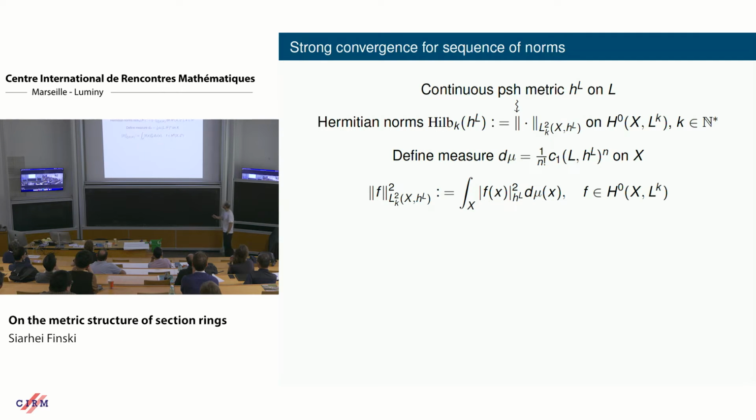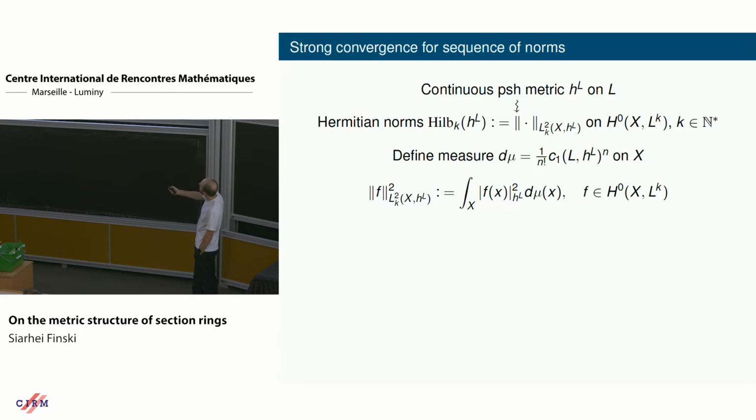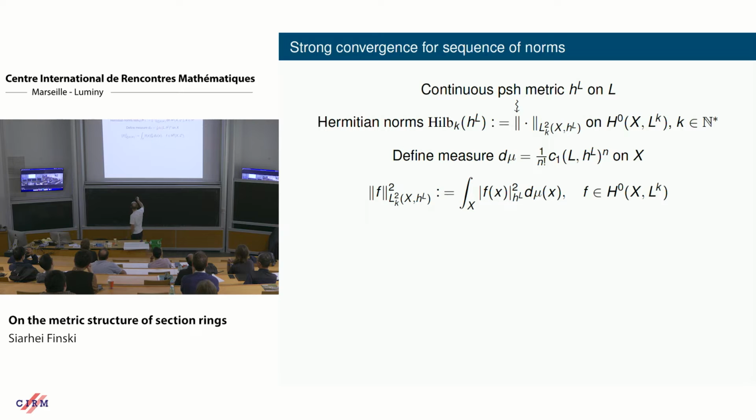In other words, I consider the measure given by the top wedge power of my continuous PSH metric on my manifold, and then if I take a holomorphic section, I define its L2 norm, or the Hilb norm, as follows. I'm taking the pointwise norm of this holomorphic section, and I integrate with respect to my volume form.